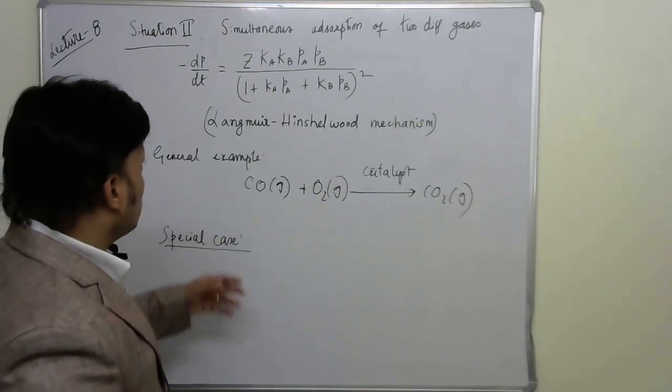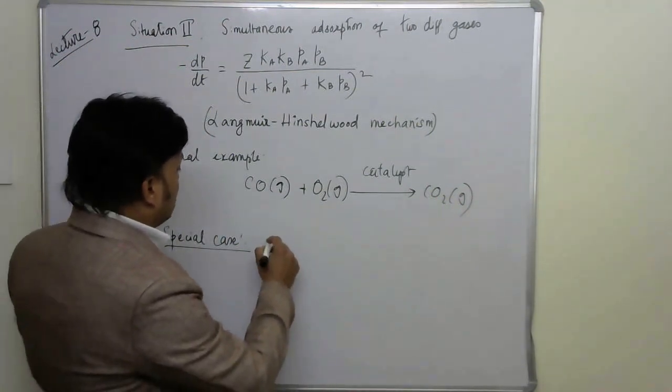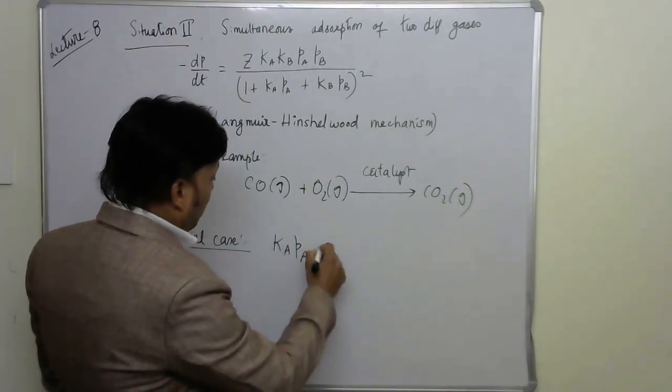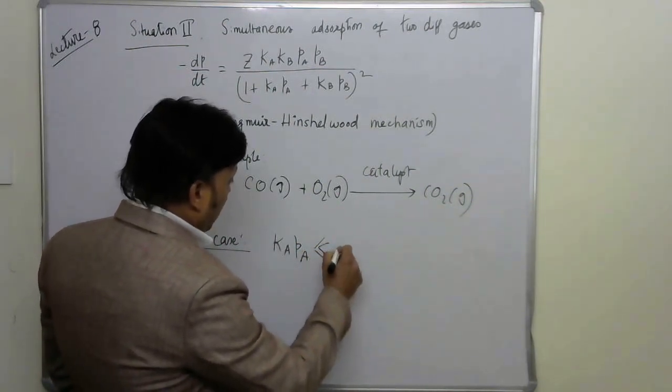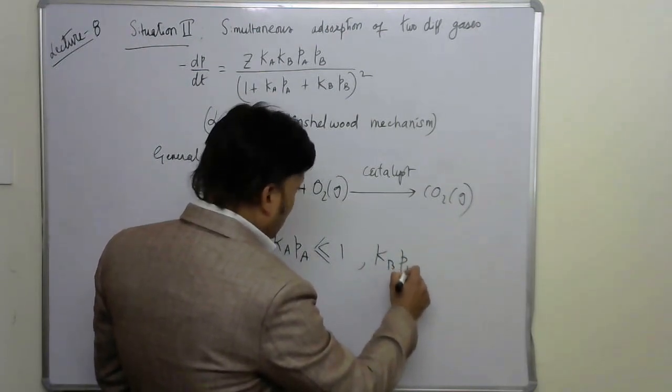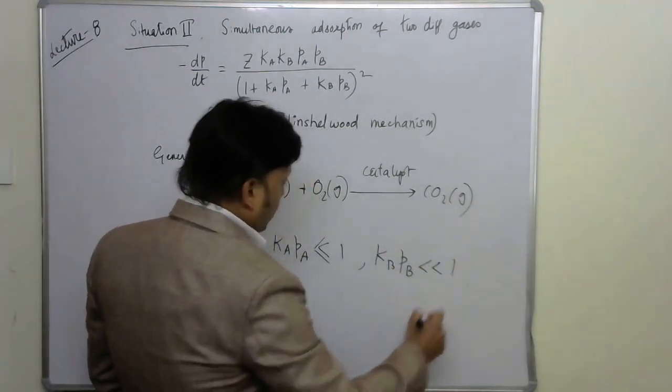Another special case we can think about is if both KAPA and KBPB could be much less than 1.